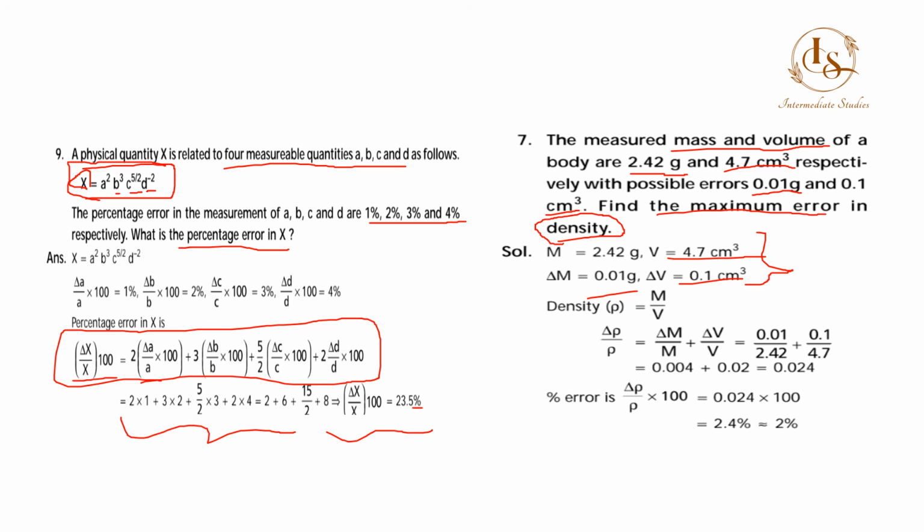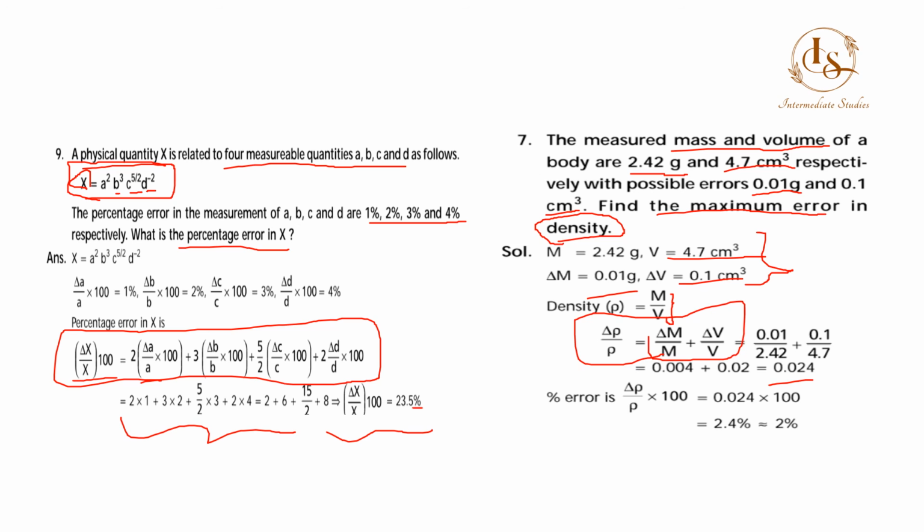Mass by volume, right? After performing the differentiation, u by v we have to apply. So delta rho by rho is equal to delta m by m plus delta v by v. Just substitute all the values which we already have, then finally you will get the value for delta rho by rho.